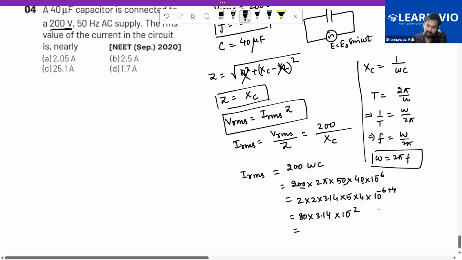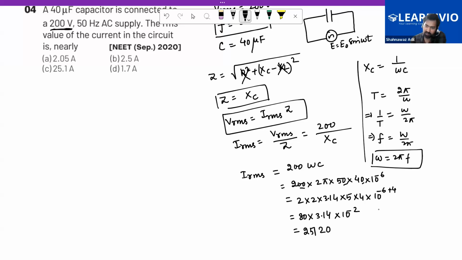So 80 into 3.14 is how much? So that we can write as 8 fours are 32, 8 ones are 8, and then 11, and then 8 threes are 24, and then 25. Right. So we have to put two decimal places.